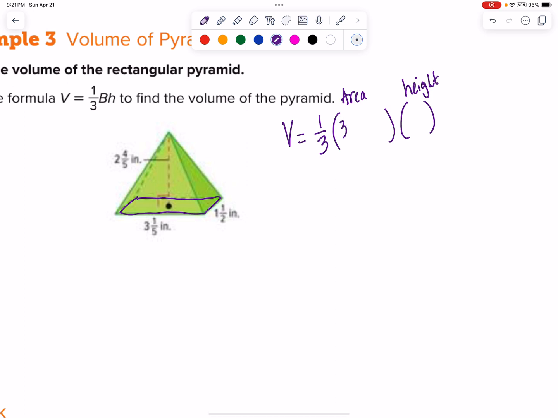Okay, so we have 3 and 1/5 is just 0.2 times 1.5. And what's the height of it all? Okay, the height of it all is 2 and 4/5. So if 1/5 is 0.2, 2, 4, 6, 8, so 0.8. So 2.8 is the height.